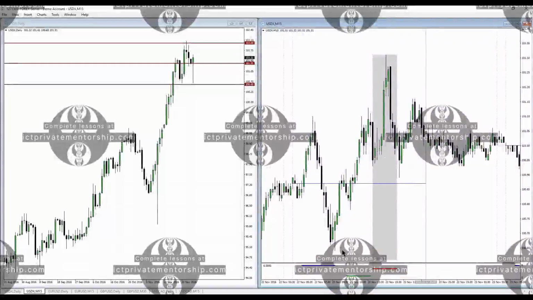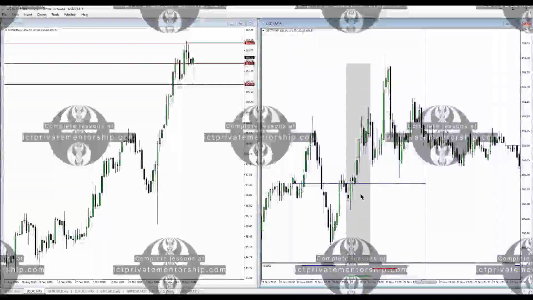So in other words, we have a low here form in London, continuation during the New York session. All I'm doing is drawing the beginning of this green line, which delineates the beginning of the New York kill zone as I define it, and it ends here. Okay, here's that continuation down into a bearish candle, which is a bullish order block. That's the buy for the New York kill zone.